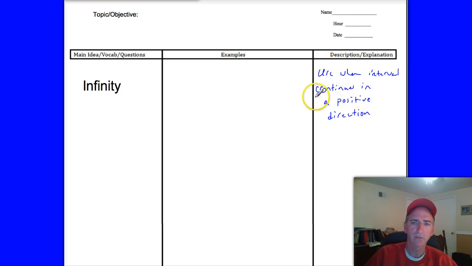Okay, when you're going in a positive direction, that's where you use the infinity symbol, such as x is greater than 9. You'd go 9, comma, infinity. All right.